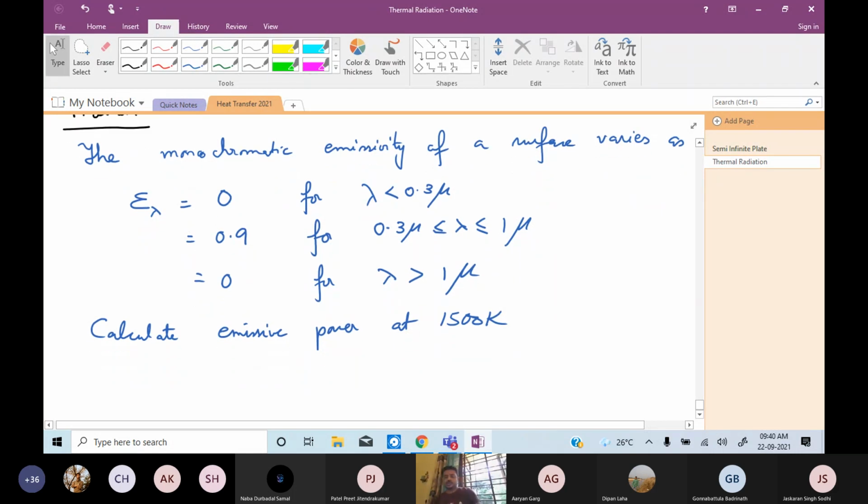These are very standard problems. This is a selective surface or an engineered surface with vastly different emissivities across wavelengths.